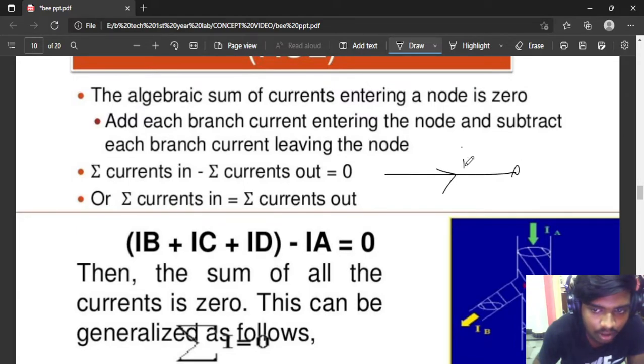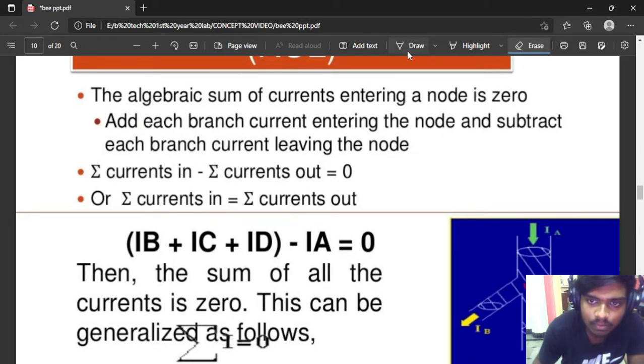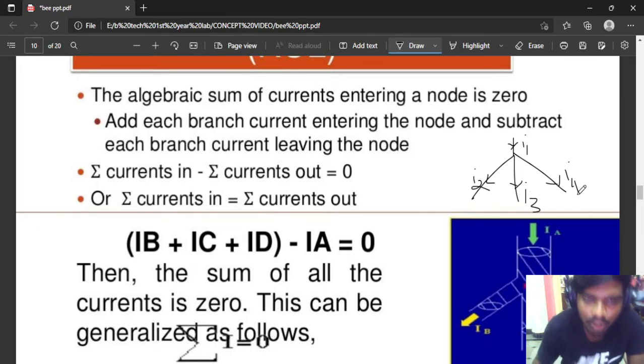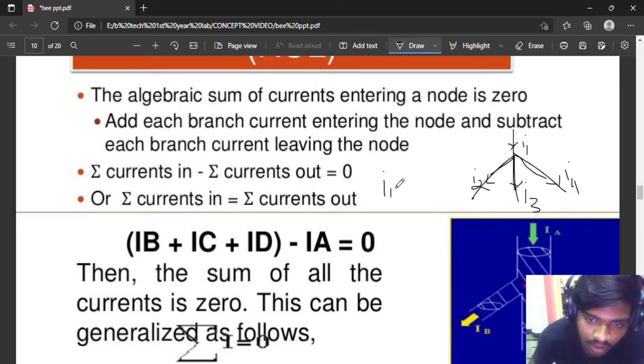Take currents I1, I2, I3, I4. KCL states that the algebraic sum of the current entering the node is equal to the current passing out of the node, that is I1 = I2 + I3 + I4.